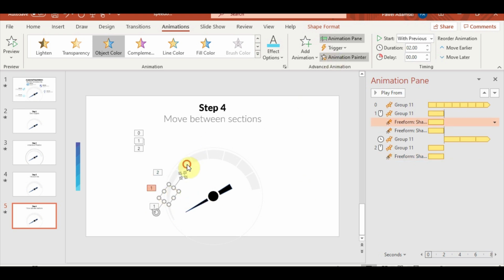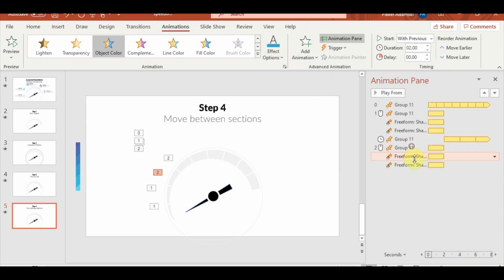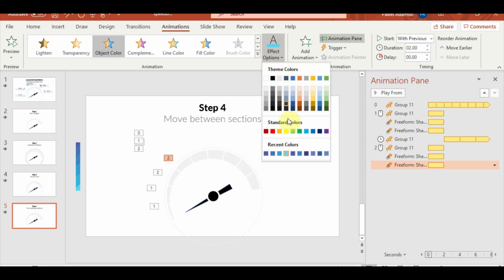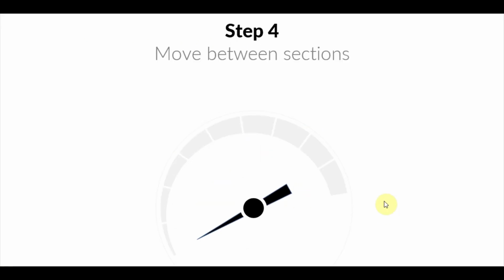Let me do that for two objects. And let's change the color to a darker blue. And see how it looks now. First section. Second section.